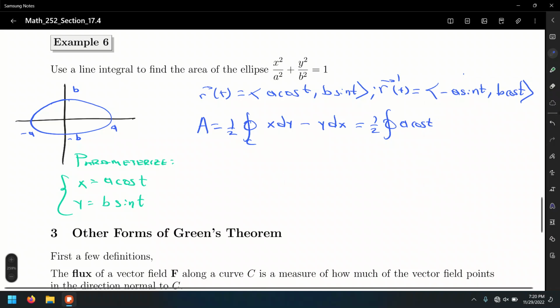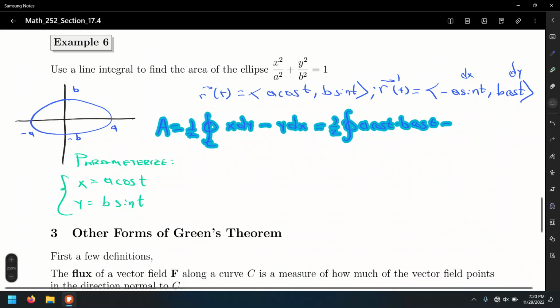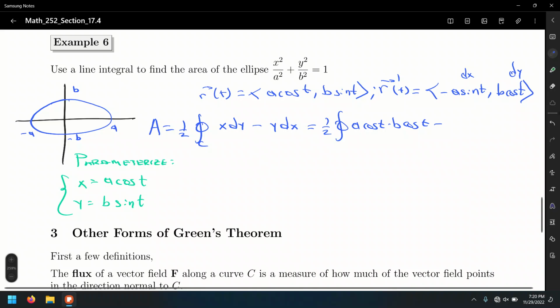If this is our derivative, this is our dx, and this is our dy, because that's the x component and the y component. So x dy, we multiply a cosine t by b cosine t, and then minus y, which is b sine t, and dx, which is negative a sine t, and the whole thing multiplied with dt.